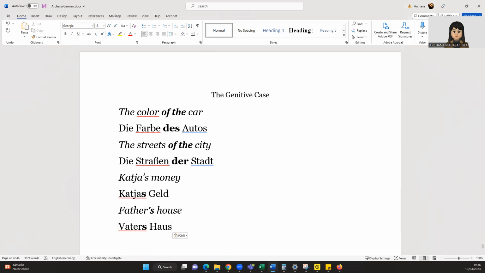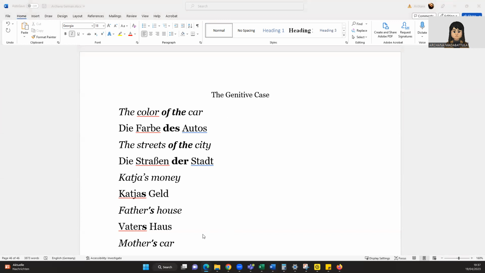When an article or a possessive article is used, a genitive article must be included. If a genitive s is used, no articles or possessives are used before these nouns. We will see more examples next. If you say mother's car, do we have an apostrophe s? Absolutely not in German.